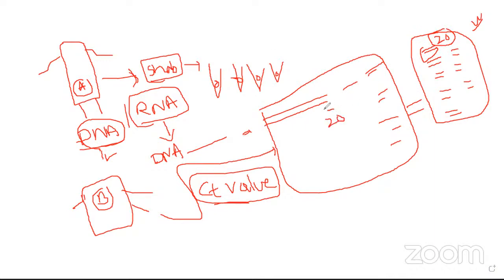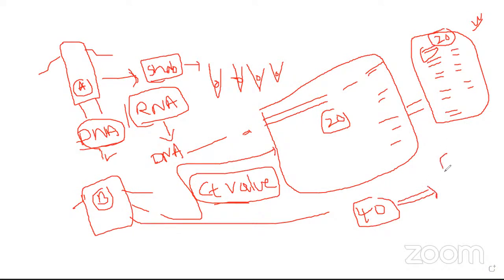But person B takes 40 cycles. Even though he takes 40 cycles, he gets only 10%, or he cannot find any gene sequences, any gene content.